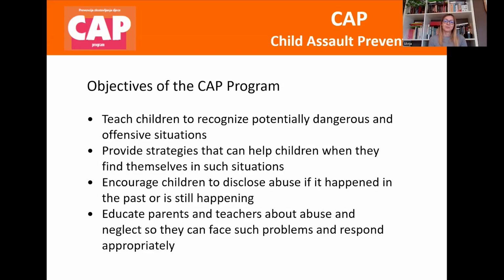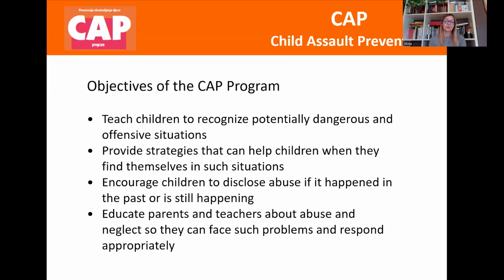The main objectives of the CAP program are to teach children to recognize potentially dangerous and offensive situations they can be in. Also, through this program, we try to provide strategies that can help children when they find themselves in such offensive or dangerous situations.